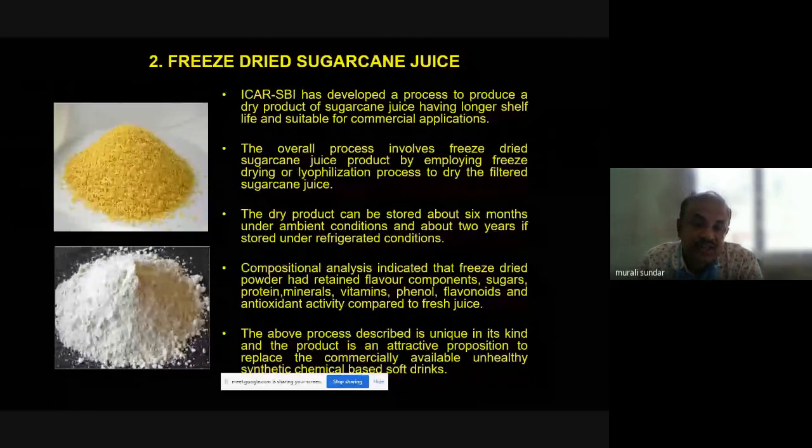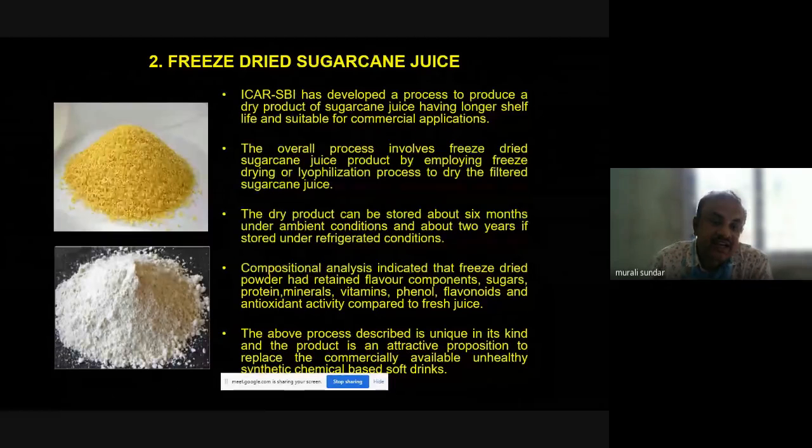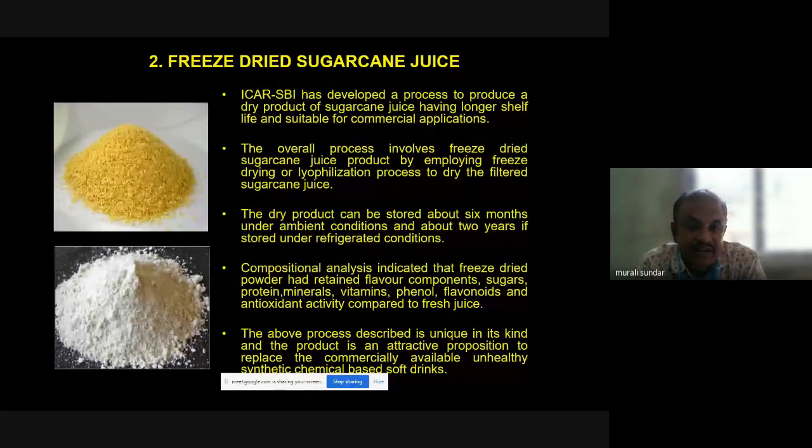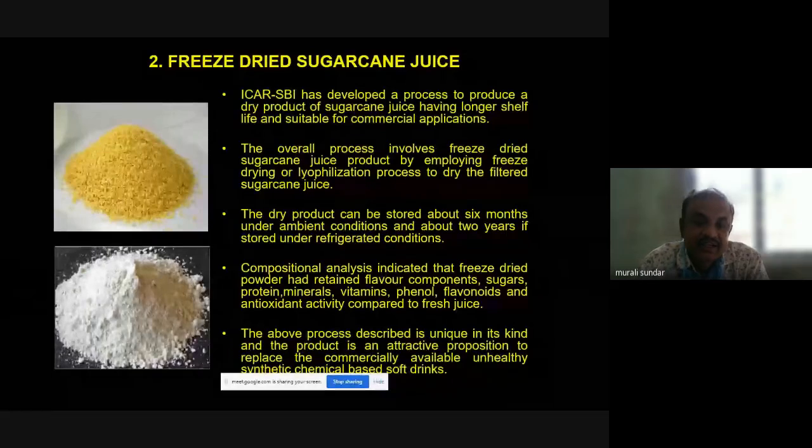Though sugarcane juice is available, it cannot be distributed everywhere, like when traveling by rail, flight, or bus. Once these packets are commercially produced, they can be distributed anywhere, and like tea or coffee, they can be reconstituted and the consumer can consume it instantly. That is the advantage of this freeze-dried sugarcane juice.